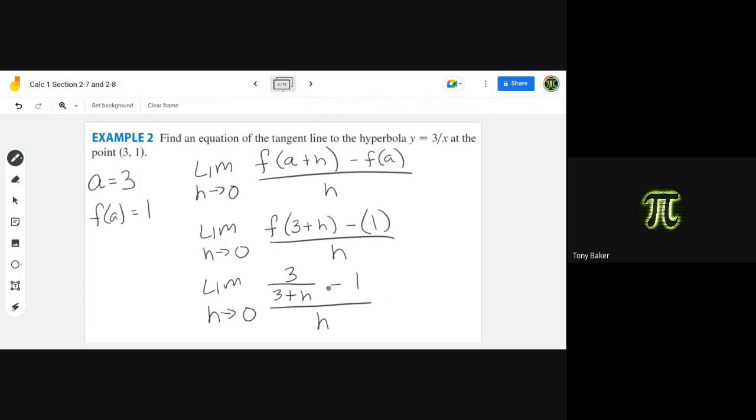Remember, I'm replacing that x with 3 plus h. So f of 3 plus h, remember, f of x is 3 over x. So 3 over the x becomes 3 plus h. That's what function notation allows you to do. Anything inside the parentheses replaces your x.